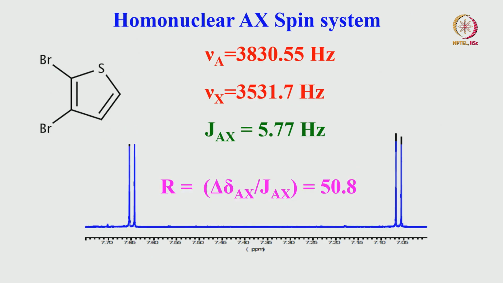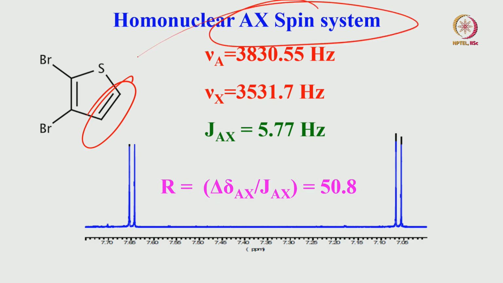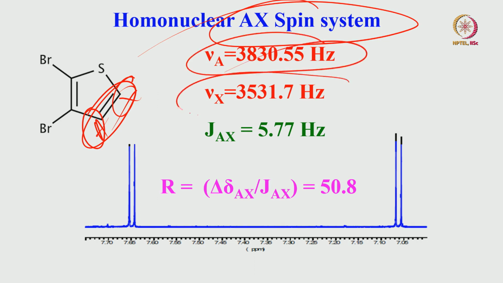We will take an example of how we look at the spectrum of some molecule. Here is a molecule in which I consider 2 protons, a homonuclear weakly coupled spin system. Why do I say weakly coupled? Measure this separation. I have given you the chemical shift of one of the protons, let us say A, the other is X. One is 3830 in frequency, the other is 3530.